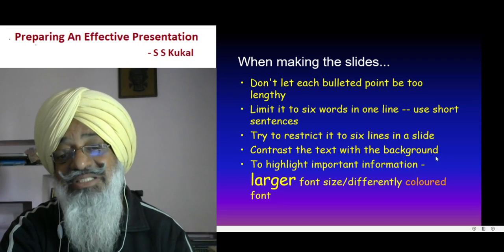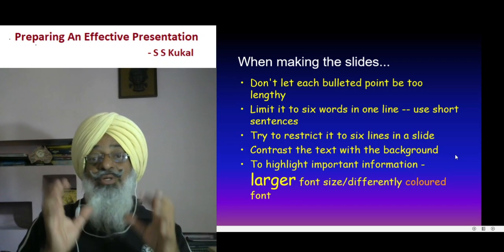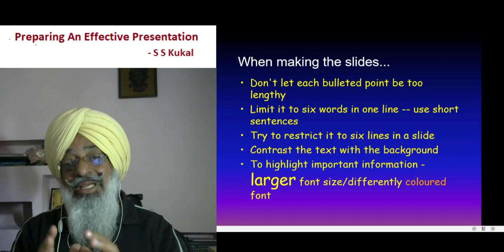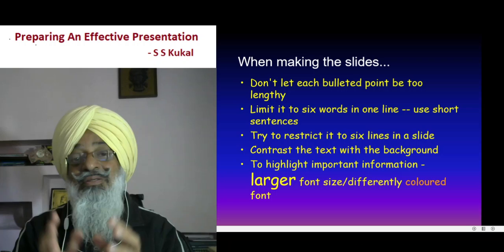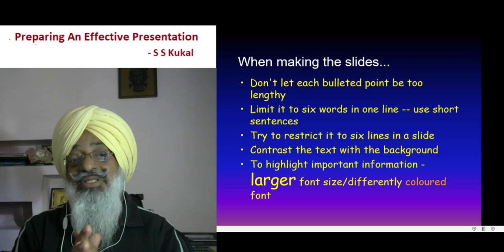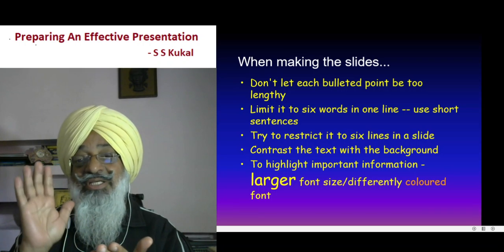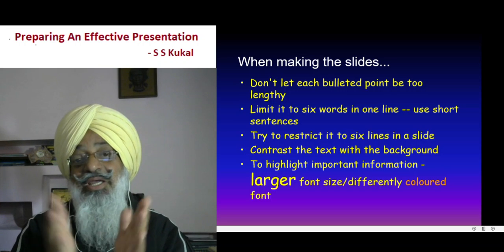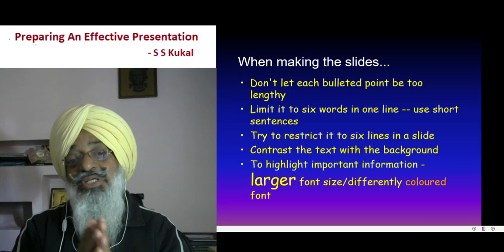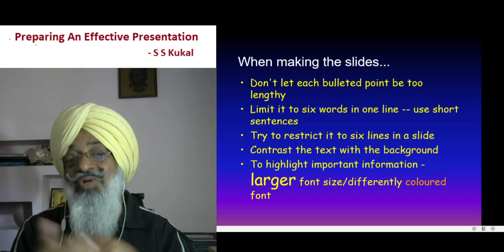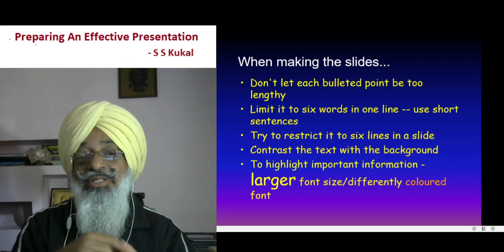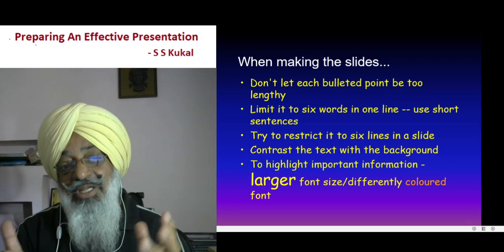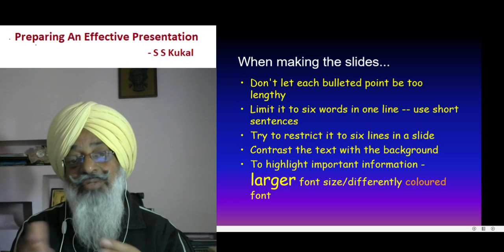Then contrast text with background. This is very important, because to make your slide visibility good or excellent, there should be good contrast between the background and the color of your points. Here this is the best combination: in the background you have light blue, and the text is in light yellow or dark yellow, whatever it is.